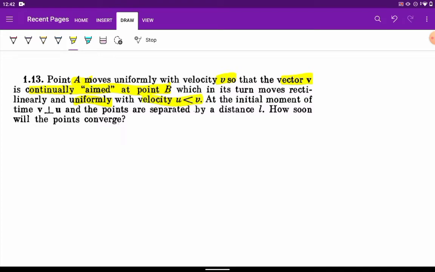Both the magnitudes of the velocities are the same throughout, but for point A the direction keeps changing, whereas point B moves rectilinearly and uniformly, so its direction is also the same. At the initial moment of time v is perpendicular to u and the points are separated by a distance L. How soon will the points converge?